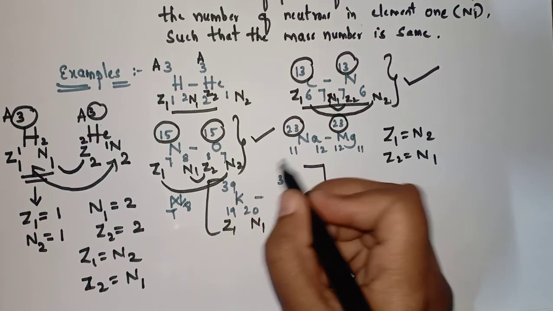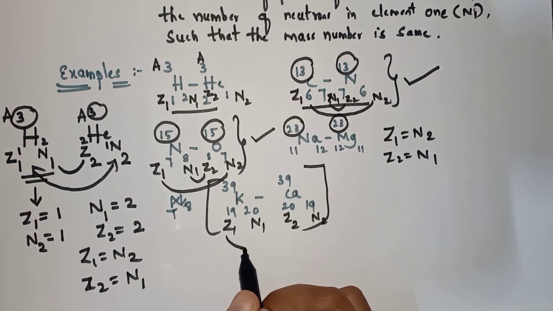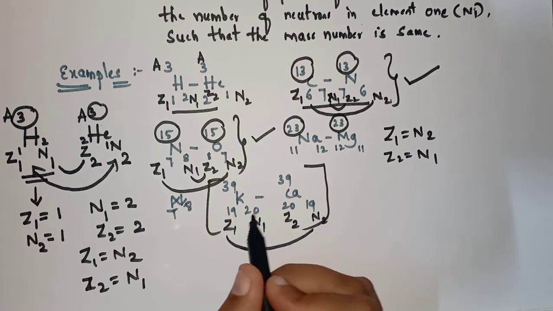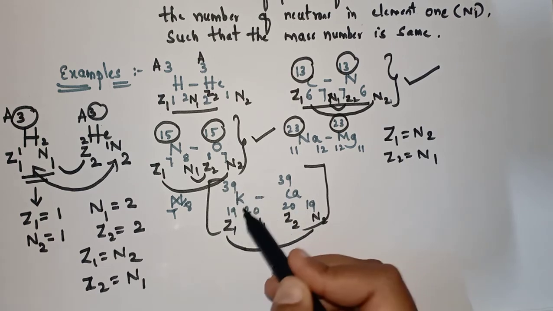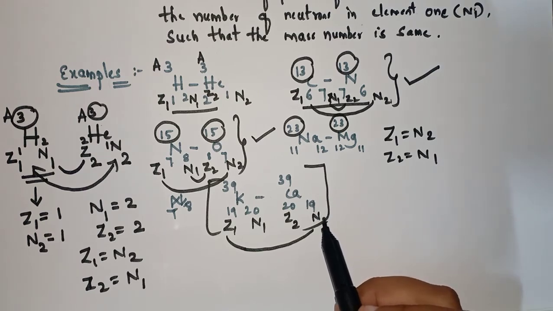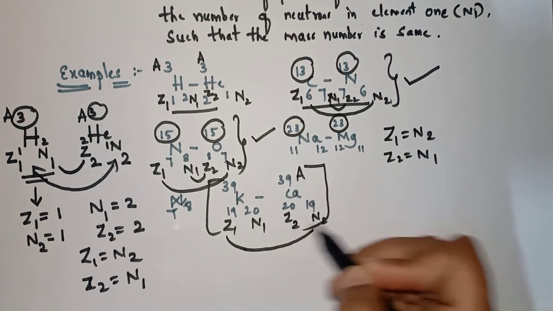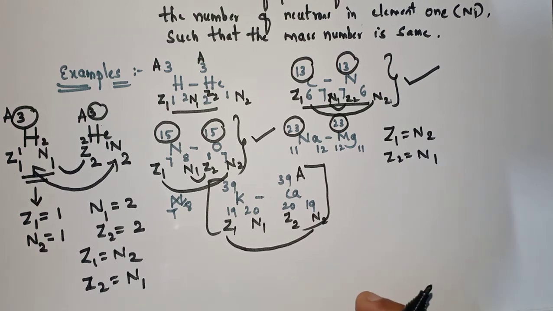They have the same mass number, that is 39 and 39. Z1 equals N2, 19 and 19, and N1 equals Z2, 20 and 20. Here 39 minus 19 is 20, the neutron number is 20, and 39 minus 20 is 19, the neutron number is 19. A minus Z is the neutron number. So this example also follows all the rules of mirror nuclei.